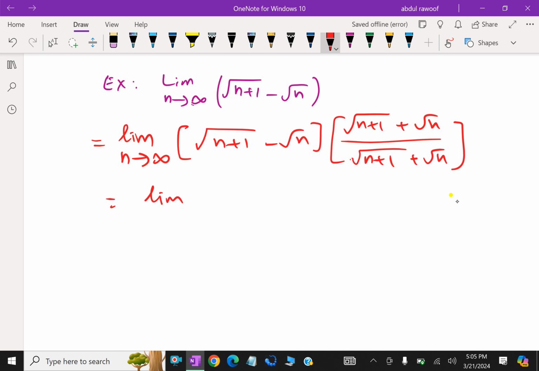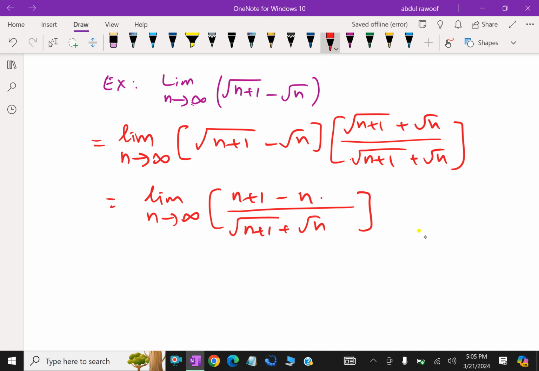The limit as n tends to infinity: here (a minus b)(a plus b) is a square minus b square. A square is n plus 1, minus b square is n, over square root of (n plus 1) plus square root of n.